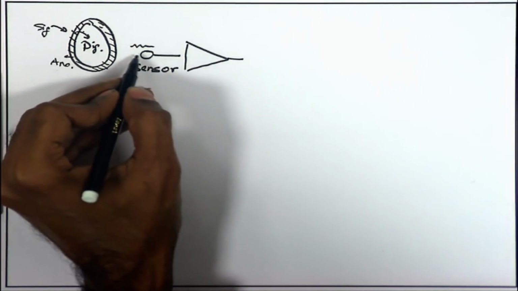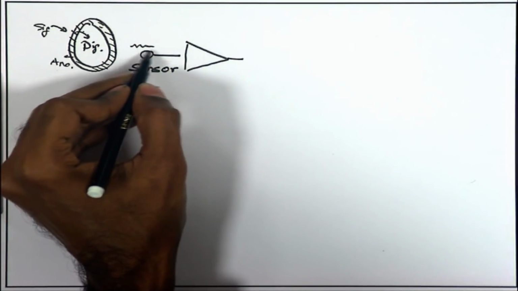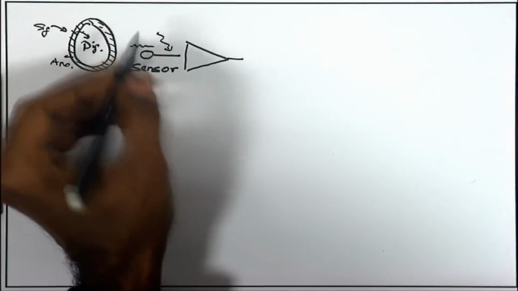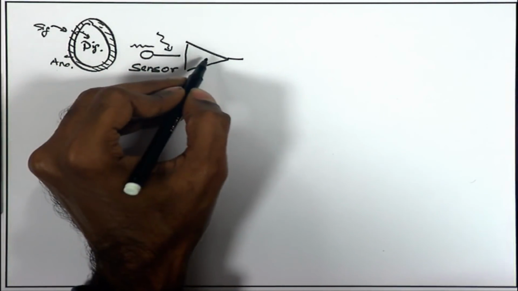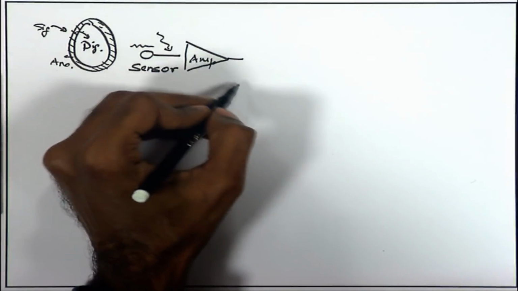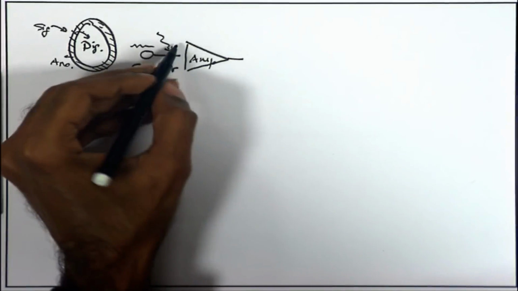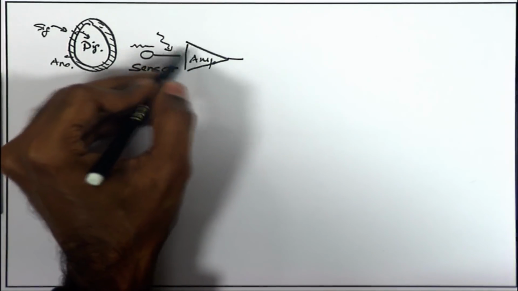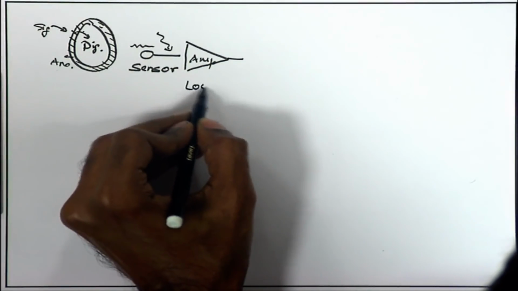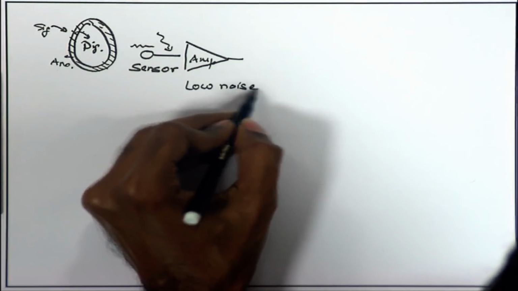The sensor itself may be having good amount of noise, or there can be additional noise coming from environment. We need to make sure that the first amplifier itself does not have noise or distortion getting introduced into the signal. So, the first stage must be a low noise amplifier.